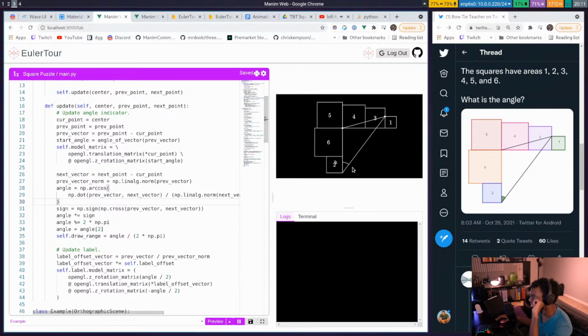So if I want the angle of a vector, like angle from horizontal, how do I do that?